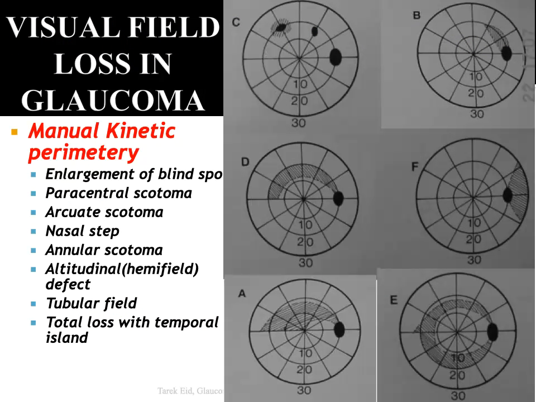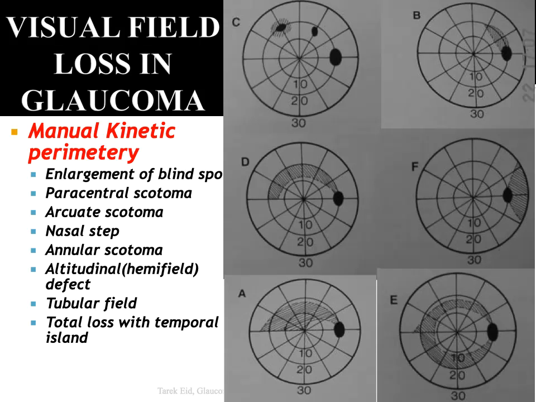Let us see what the visual field losses in glaucoma are. These are the characteristic features in glaucoma that we say are specific patterns. First, we can see enlargement of the blind spot. Second, we can see a paracentral scotoma, and then an arcuate scotoma, where it arches around the fixation.